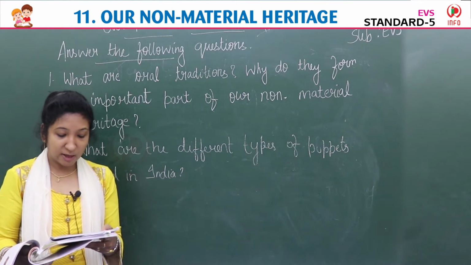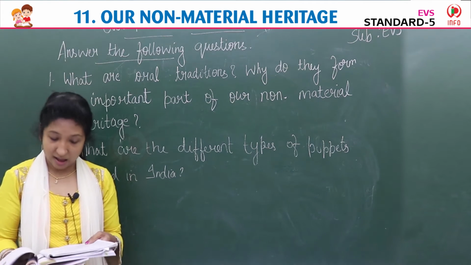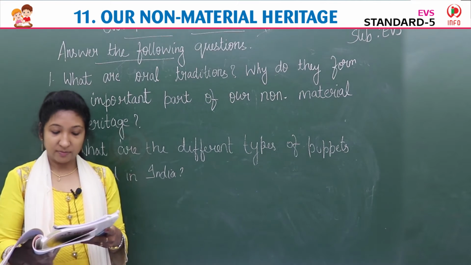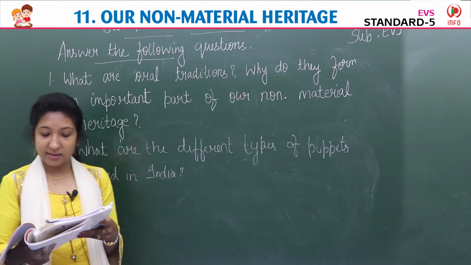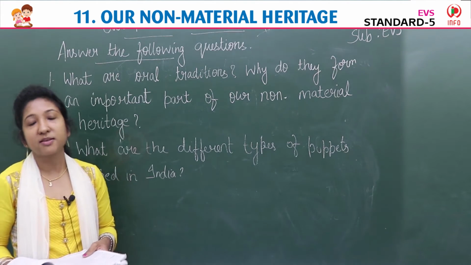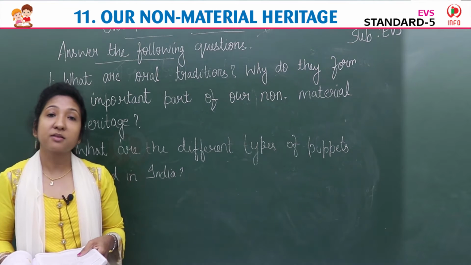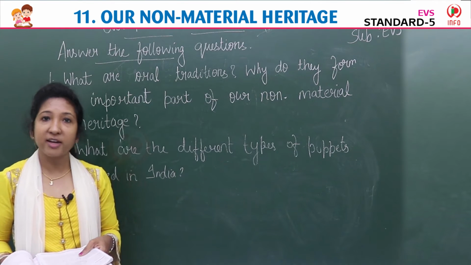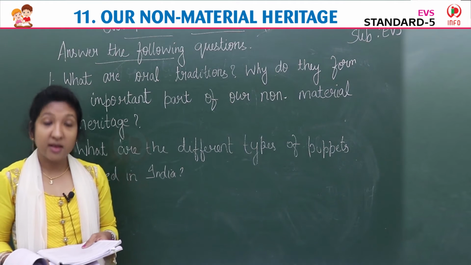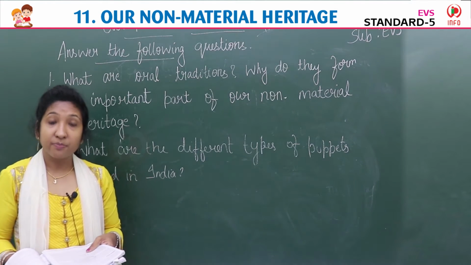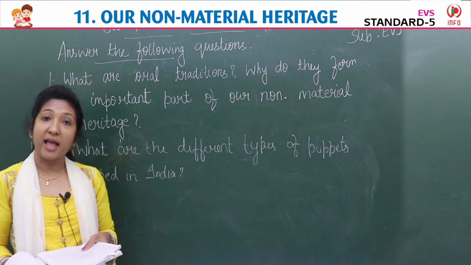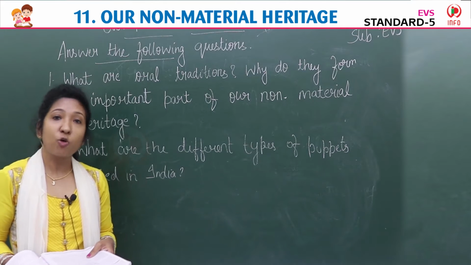The different types of puppets used in India are string puppets, shadow puppets and glove puppets. These are the three main types of puppets used in India that we already learned. Three types of puppets: string puppets, then shadow puppets, and last one glove puppets.